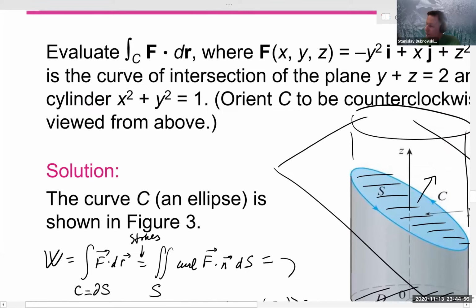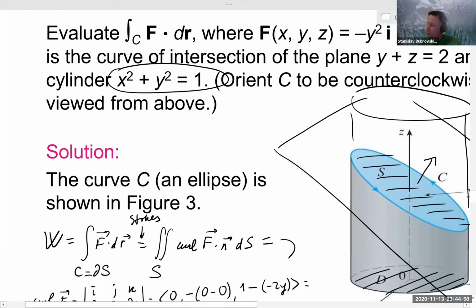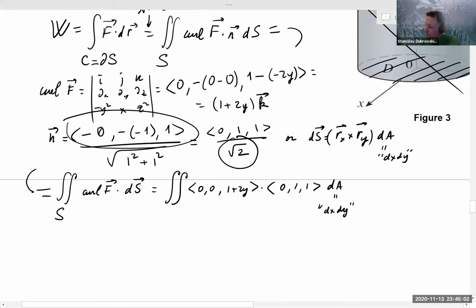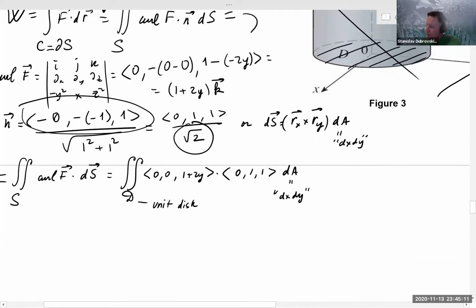That's the unit cylinder, x squared plus y squared equals 1. So over this region D, which is the unit disk, let's calculate the interior dot product. That of course will be just 1 plus 2y.